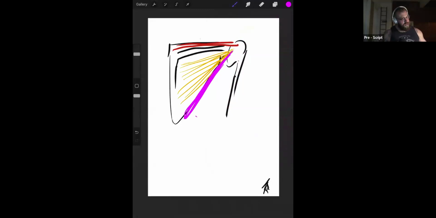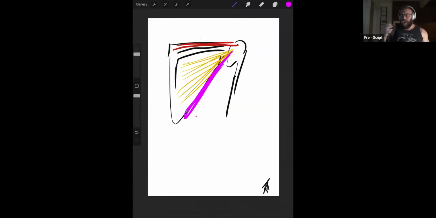Just like training different fibers of the pec, or different fibers of the lat or glute, we're going to have to take into consideration lines of pull, right? A lot of people experience issues with their rotator cuff as they bench press and as their shoulders are abducted or they're pressing in a higher incline position.